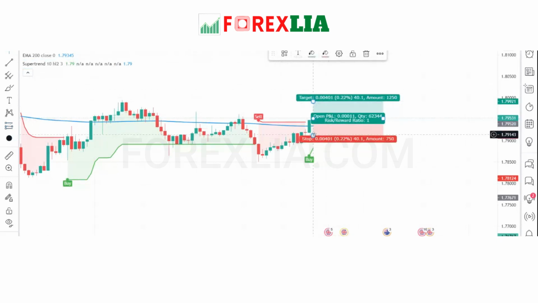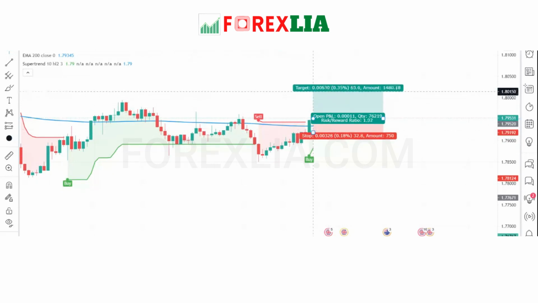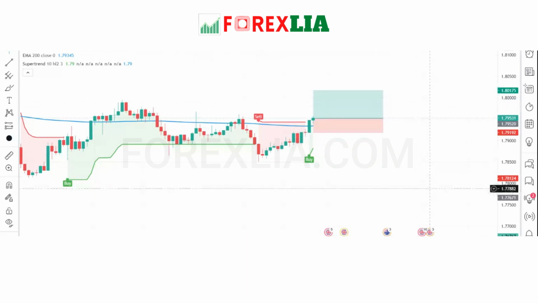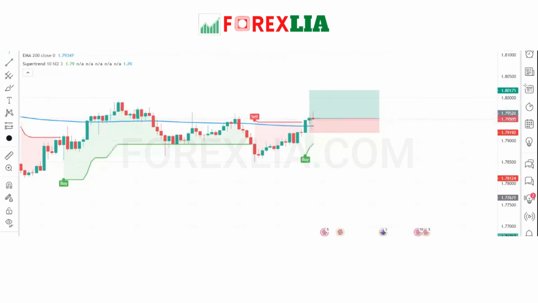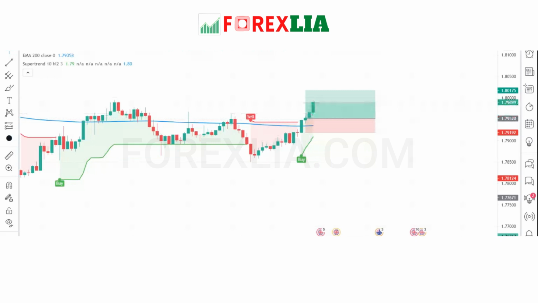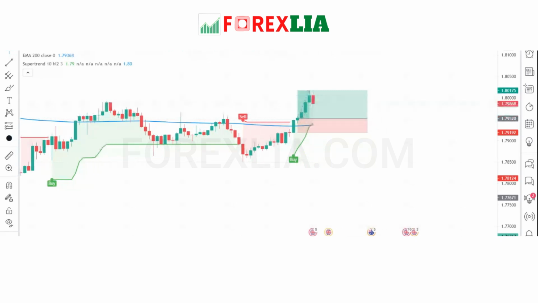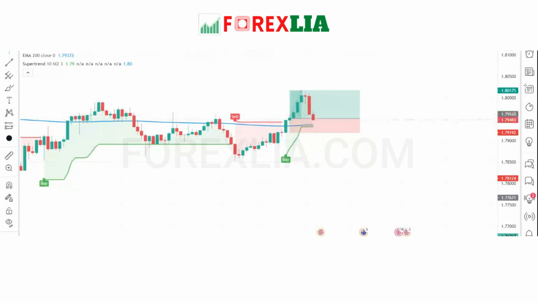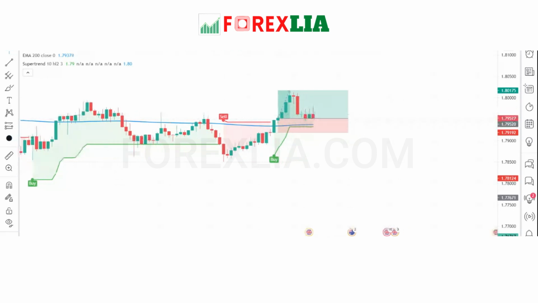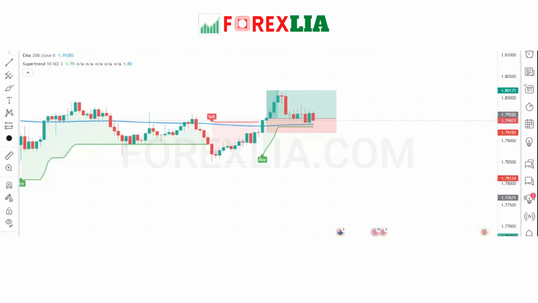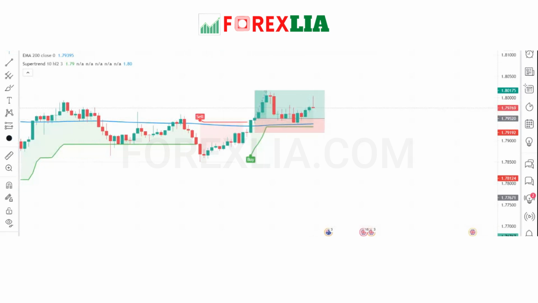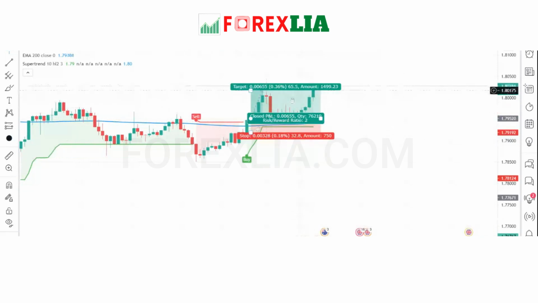We set the stop loss at the previous candle low point. Set the profit target 1:2. We won this trade.